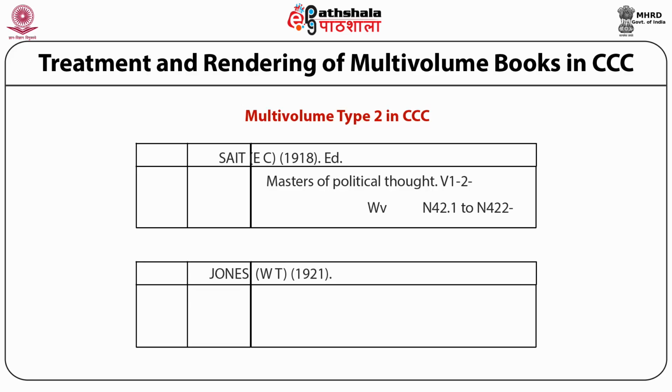In the heading section, his name is given, and in the title section, the name of the editor of the book is given, followed by designation, colon, Masters of Political Thought, which is the title of the book. B1-2- indicates the work is in progress. 2 volumes have been published and the remaining volumes are still in progress.